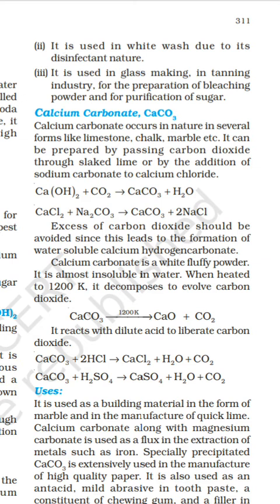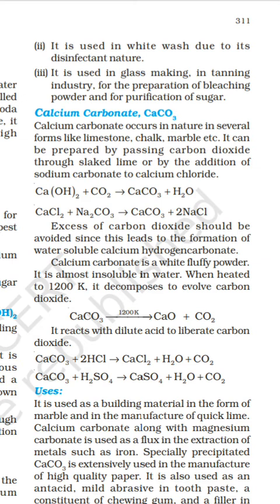Next reaction, CaCl2 plus Na2CO3 to form CaCO3 plus 2NaCl. Excess of carbon dioxide should be avoided, as this leads to the formation of water-soluble calcium hydrogen carbonate. Calcium carbonate is a white fluffy powder. It is almost insoluble in water.